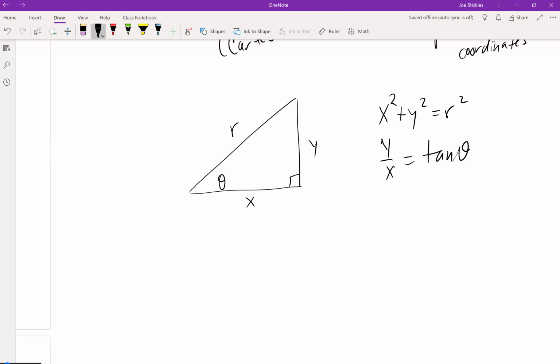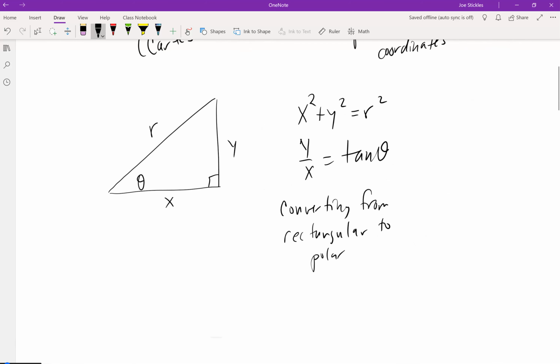Okay, so these two relationships are very helpful for us for changing from rectangular coordinates. If we're given x and y, we can figure out r from the x and the y, and we can figure out theta from the x and the y. So these are very helpful for converting from rectangular to polar.